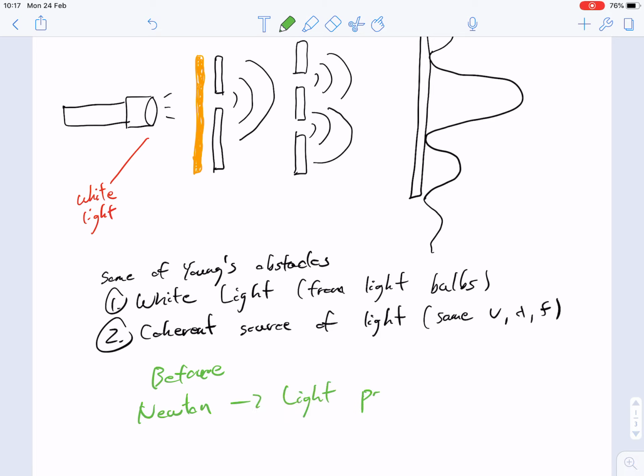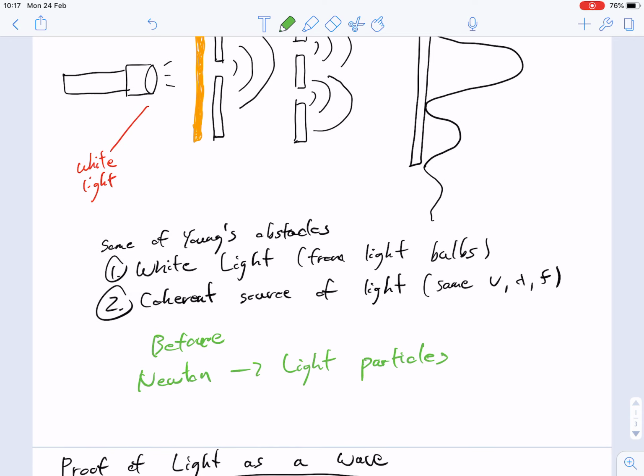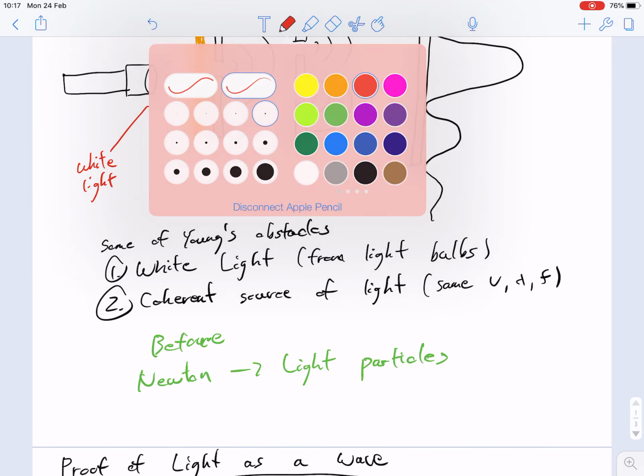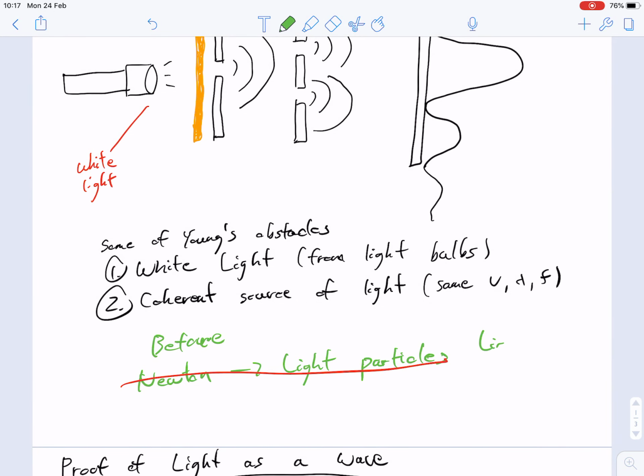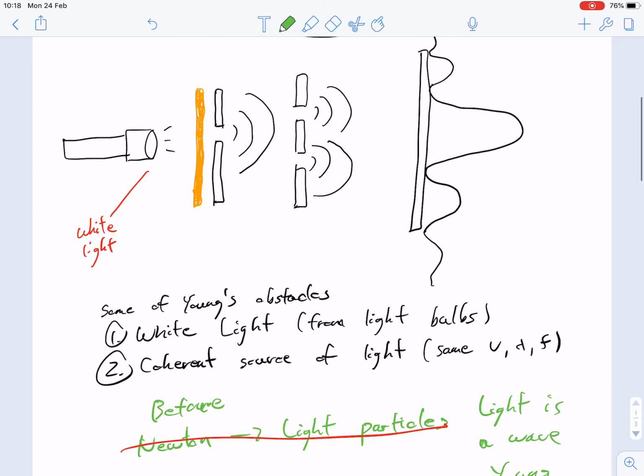So what Young essentially did with his double slit experiment was he said that's wrong, and light is actually a wave. He wasn't necessarily purposely trying to disprove Newton, but he was interested in the study of light. So light is a wave. So this is what Thomas Young had done.